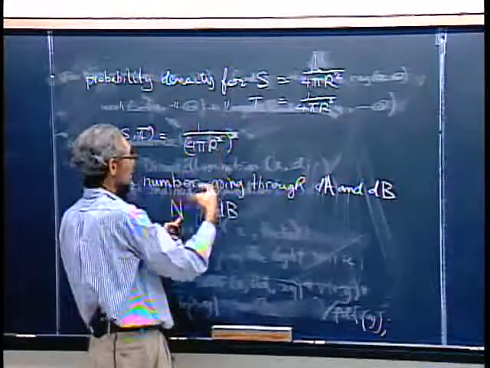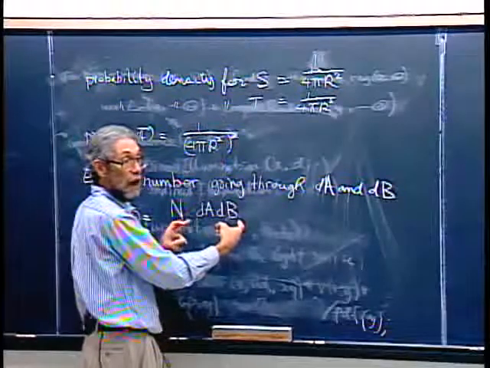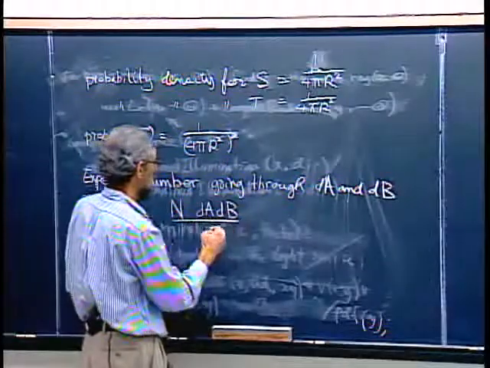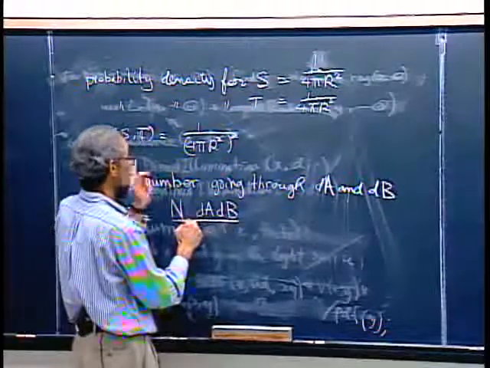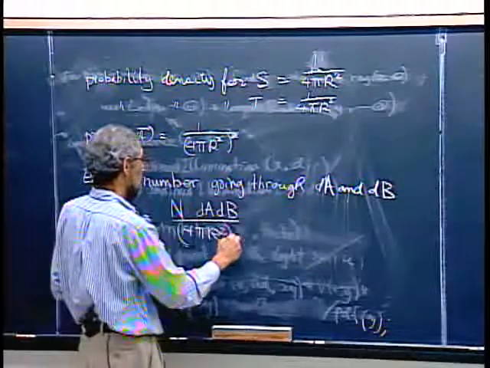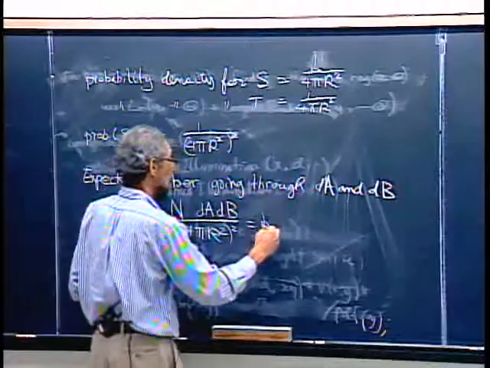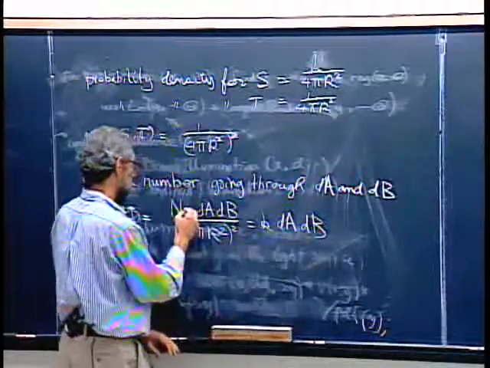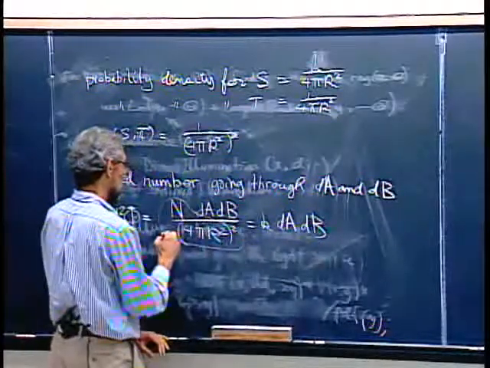This is the density per unit area. If I multiply it by the area, I'll get the number. And then the density per unit area, I had 4 pi r squared. So that's my K dA dB, where K is this factor here.